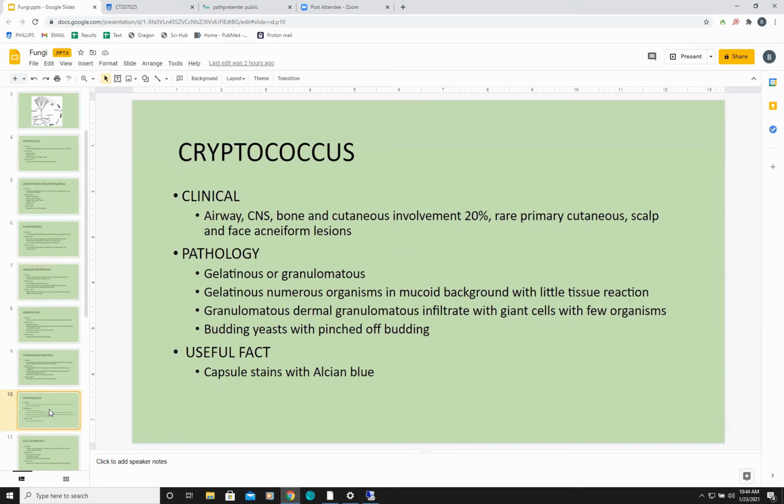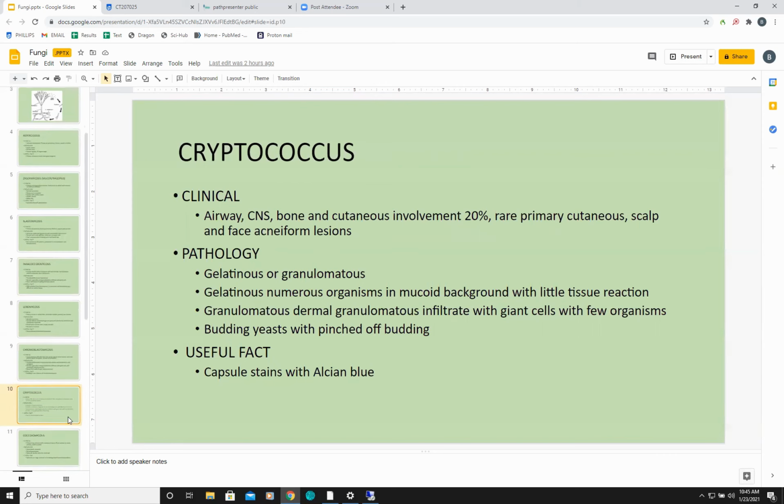And this is a characteristic pathology with these gelatinous areas, the gelatinous type, and there's also a granulomatous type where you don't see as many organisms. There's the mucoid background in the gelatinous type with very little tissue reaction. And in the granulomatous type, you obviously see granulomas and giant cells. And these are budding yeasts with a capsule, and the capsule stains with Alcian blue, and there's pinched off budding.